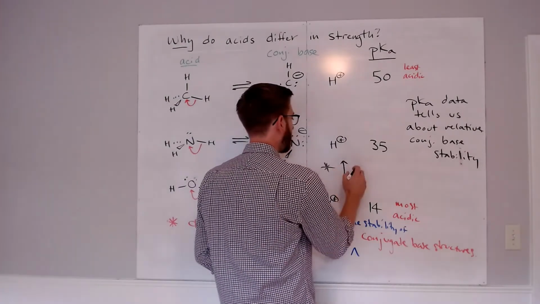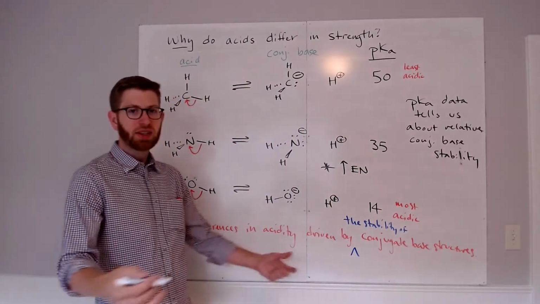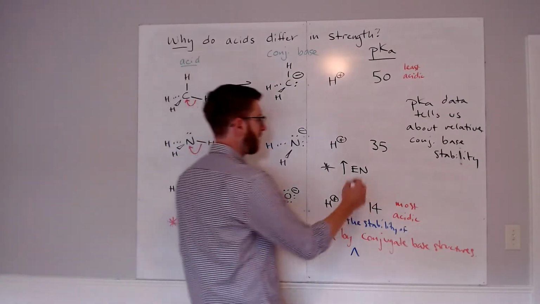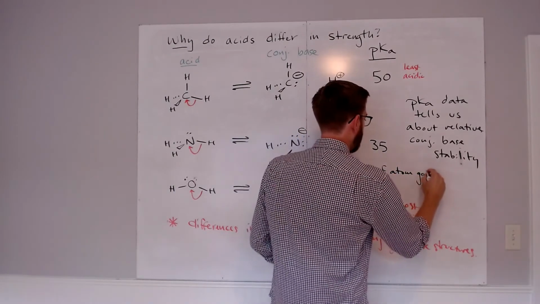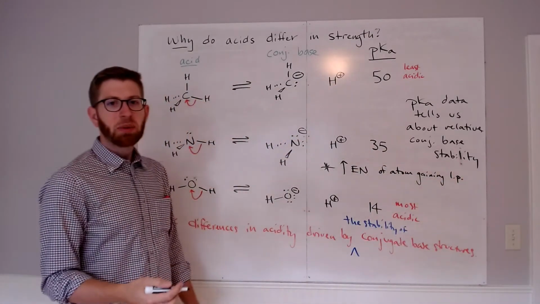So increasing, I'm going to abbreviate electronegativity as EN. Hopefully that's okay. Electronegativity is a long word. So as we increase electronegativity of the atom gaining the lone pair, the conjugate base stability goes up.